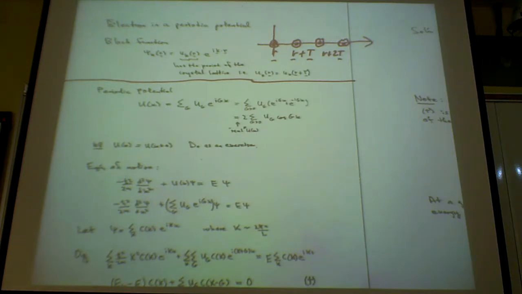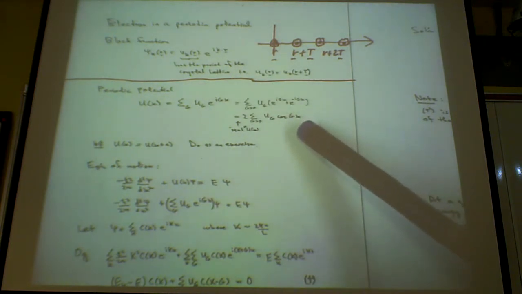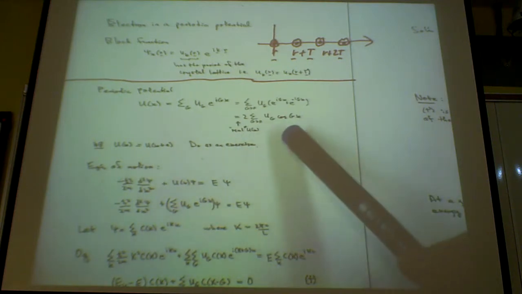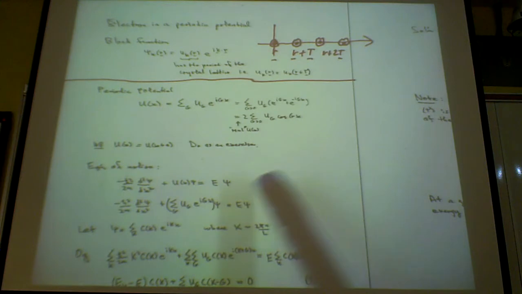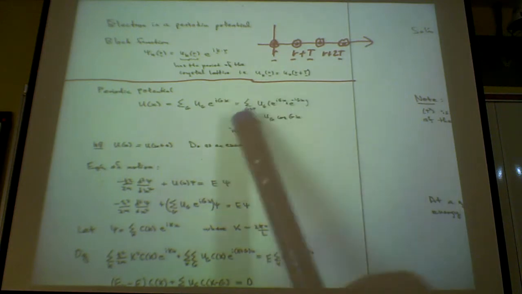And again, why do I show this? Well, because you can verify that this is a periodic function. How? By adding a periodicity. If you put in x to evaluate this u of x, you get some term.